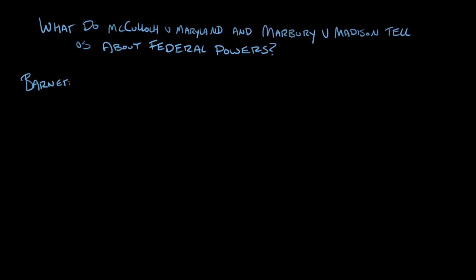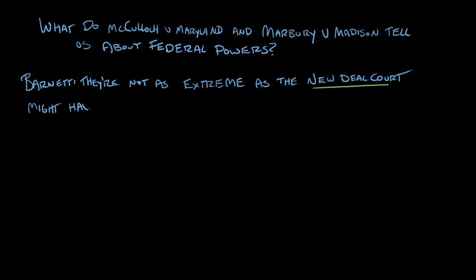Well, they're very important. I don't think they are quite as extreme as they've come to be read after the New Deal. When the New Deal court and advocates, the progressive advocates for a New Deal, were going back into the past and seeking justifications for what they wanted to do, they read McCulloch versus Maryland very broadly. They also read Marbury versus Madison.